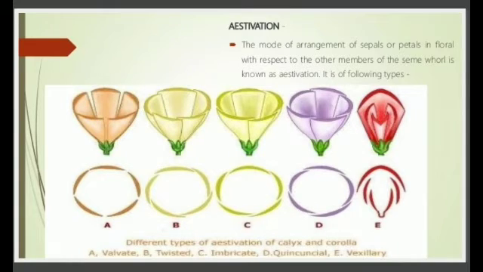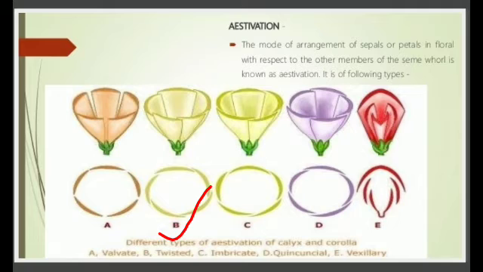First one is valvate estivation. When sepals or petals are parallel to each other without any overlapping, it is known as valvate estivation. When margins of sepals or petals overlap each other, it is termed as twisted estivation.